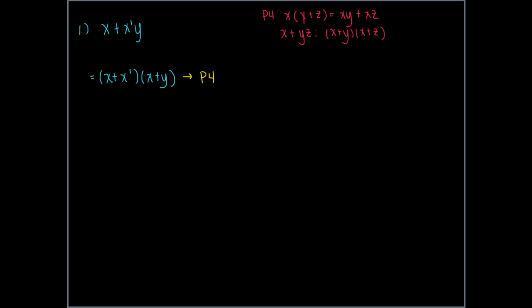So if you go back to your notes, you actually have there your postulate 5. And your postulate 5 suggests that if you take the OR of a variable to its complement, then you should be able to obtain 1.